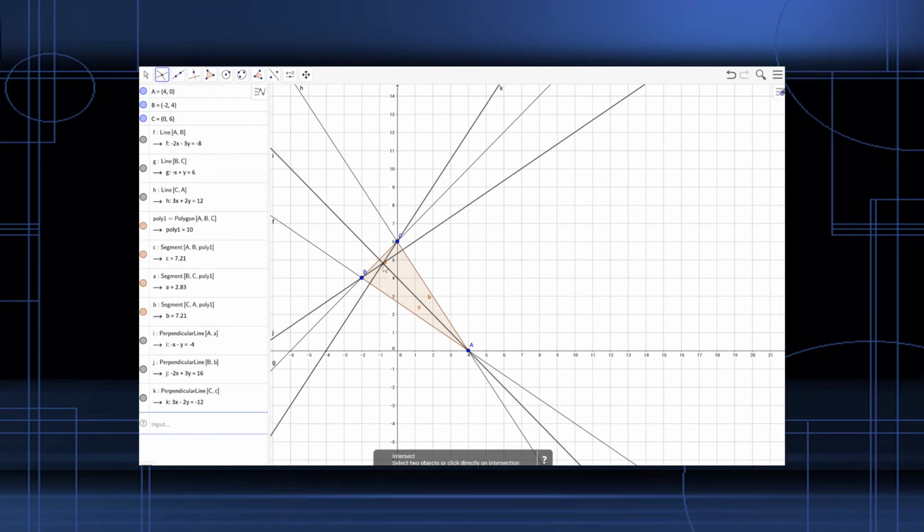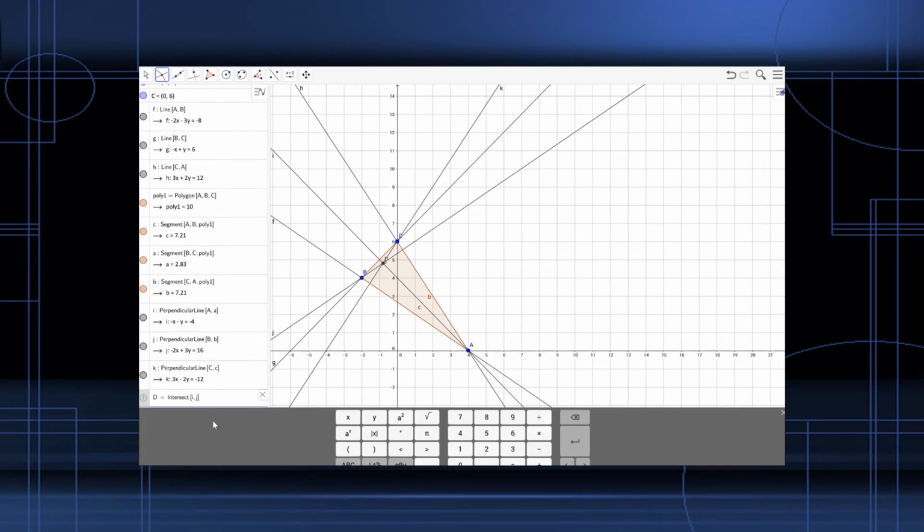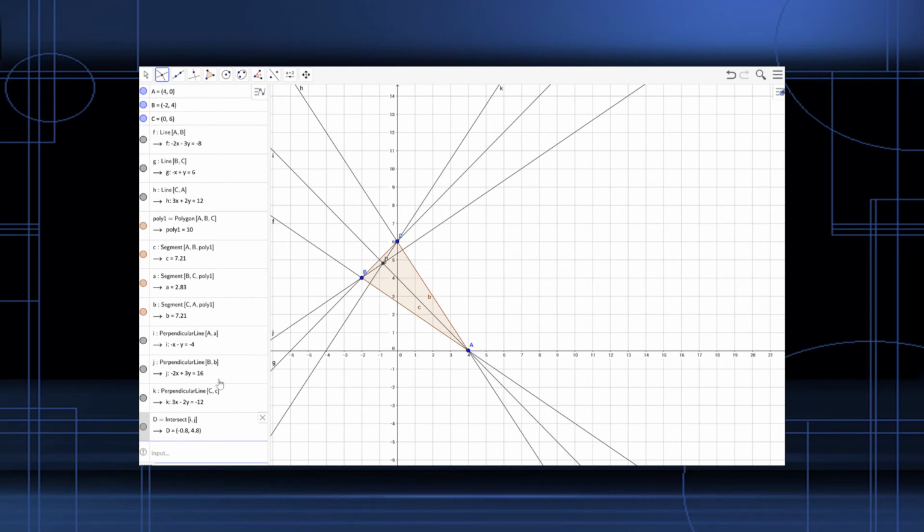And my point of intersection is right here. I'm going to click on it. And if I look down here at the very bottom, it tells me that the intersection at point D, this is where these altitudes intersect, so this is the orthocenter, is at the coordinate.